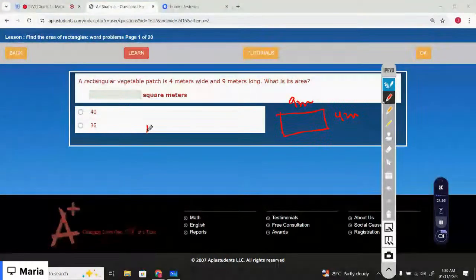You have to calculate the area. The area of the rectangular shape is length times width. 9 times 4 it is. 9 times 4 is 36 square meters. Option number 2 is the correct option.